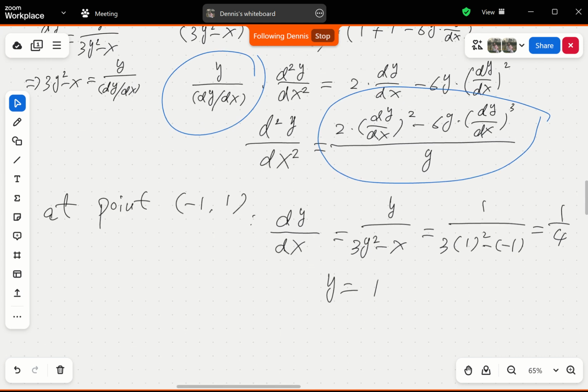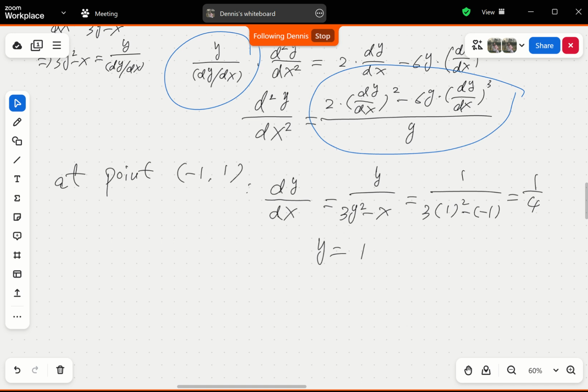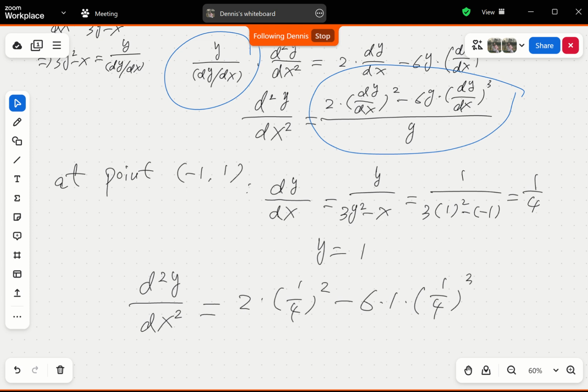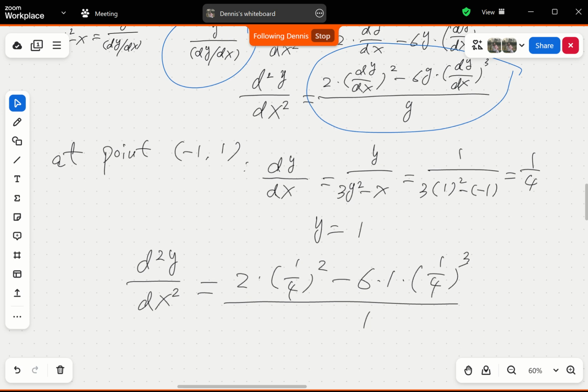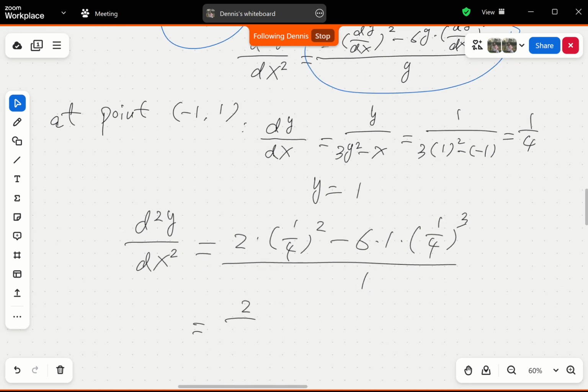So we just substitute the values into the expression of the second derivative of y with respect to x. It should equal 2 times 1/4 squared minus 6 times 1 times 1/4 to the third, over 1. So this is 2/16 minus 6/64.